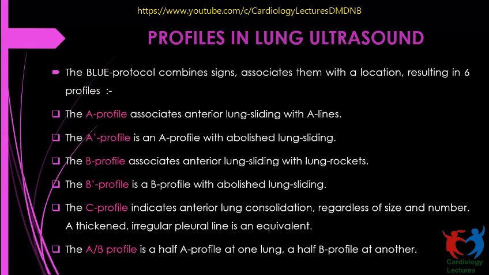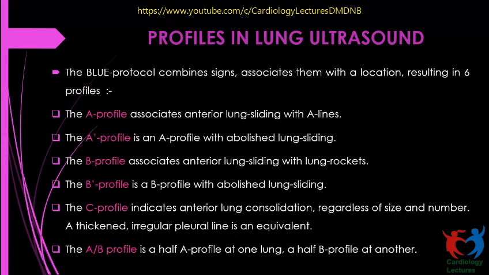They create a sliding over one another, leading to lung sliding. The A profile is associated with lung sliding and A lines. The A dash profile is an A profile with abolished lung sliding. There are multiple A lines, but there is no lung sliding. That is an A dash profile.